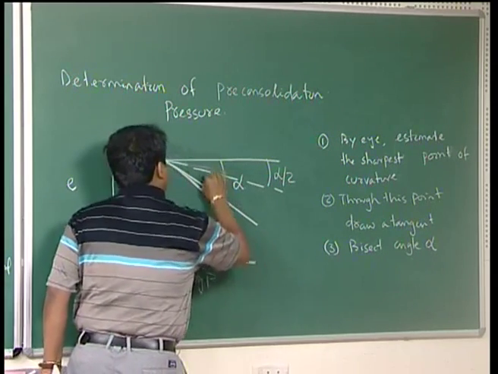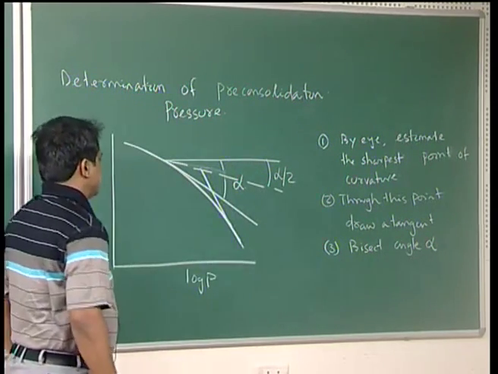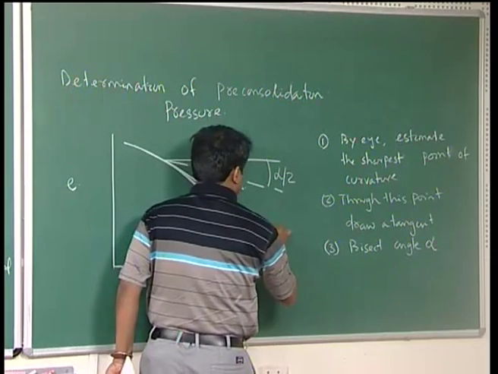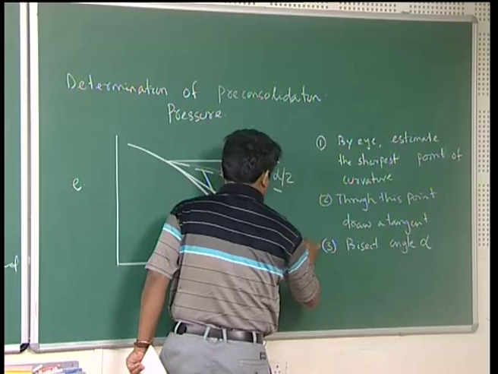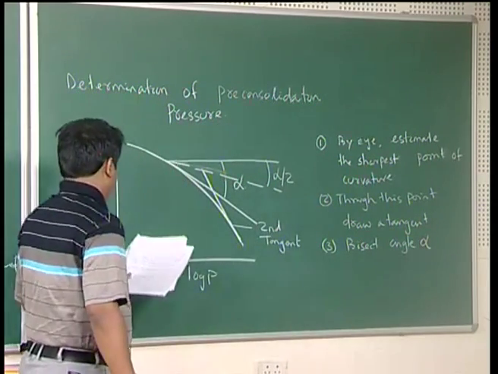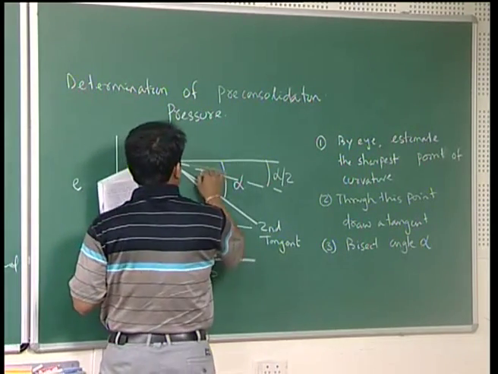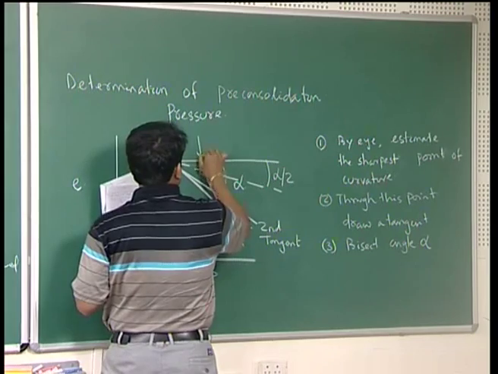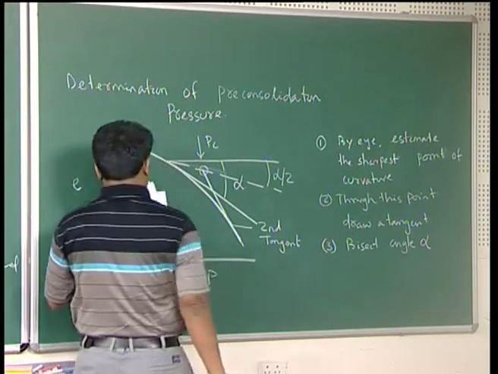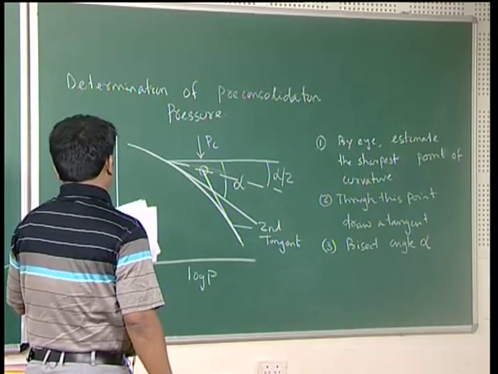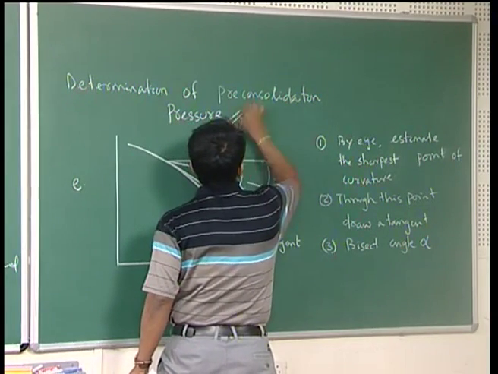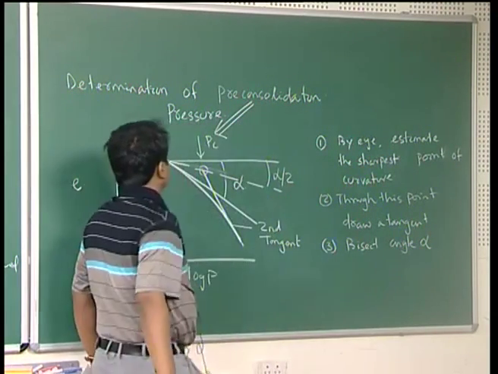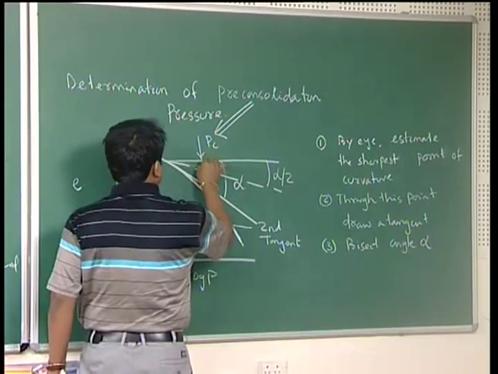You extend this second tangent. Now, you are getting a point, and this point is your Pc. Pc is nothing but your pre-consolidation pressure. This point is your Pc.